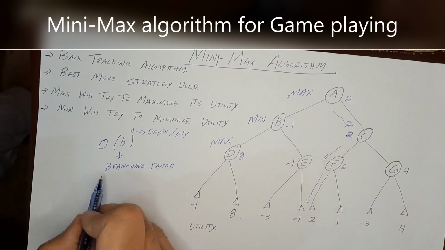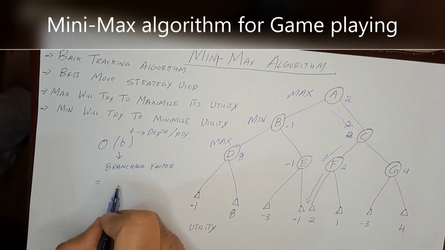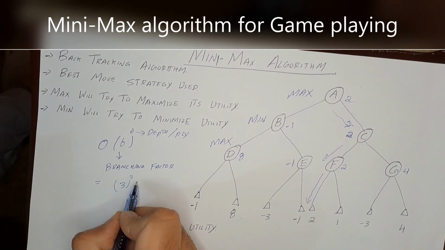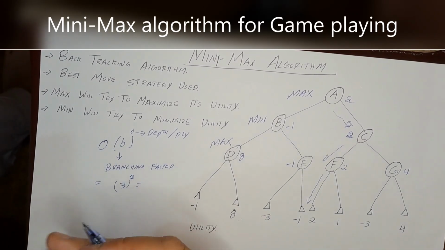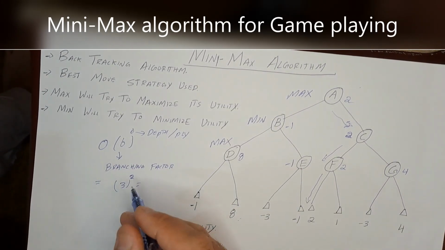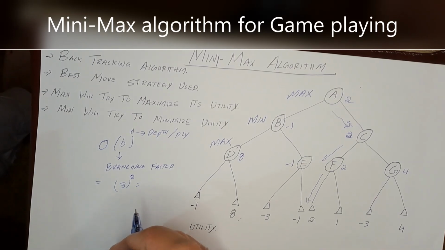Let's say that in case of, for example, the tic-tac-toe game, we have a branching factor of 3 and depth 2. This is on average. It can be more, it can be less, but on average the branching factor is 3 and depth is 2 when we play the tic-tac-toe game.